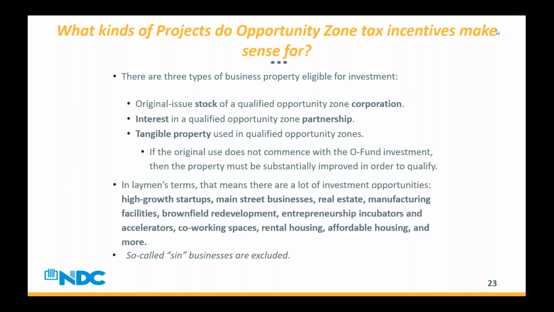Interest in a qualified opportunity zone partnership, so it doesn't have to be a corporation, it can be a partnership. Or tangible property that is used in the opportunity zones. They now call these O fund investments. Some people call them OZs. So you'll hear a lot of lingo. This is such a new program that the acronyms haven't really been worked out.